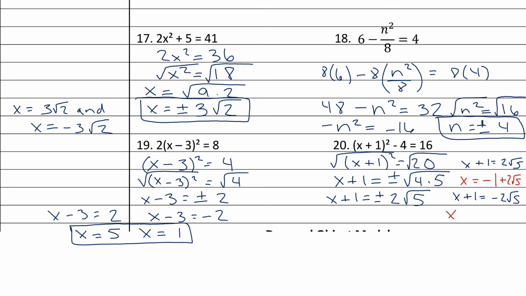And then on this side, I'm going to get x equals negative 1 minus 2 square root 5. These are the more complex problems, okay?